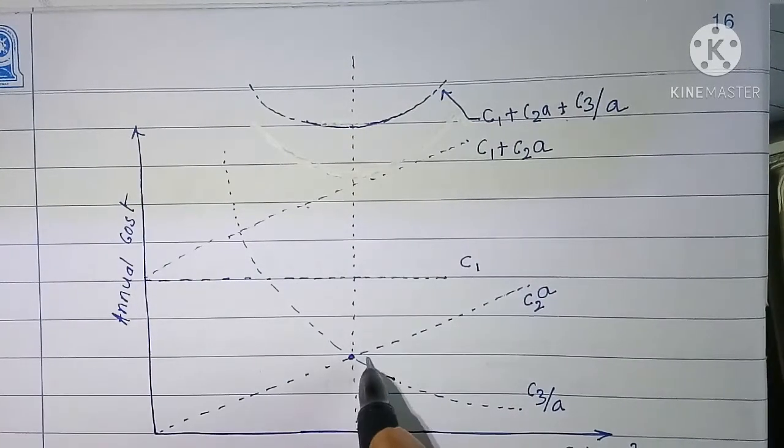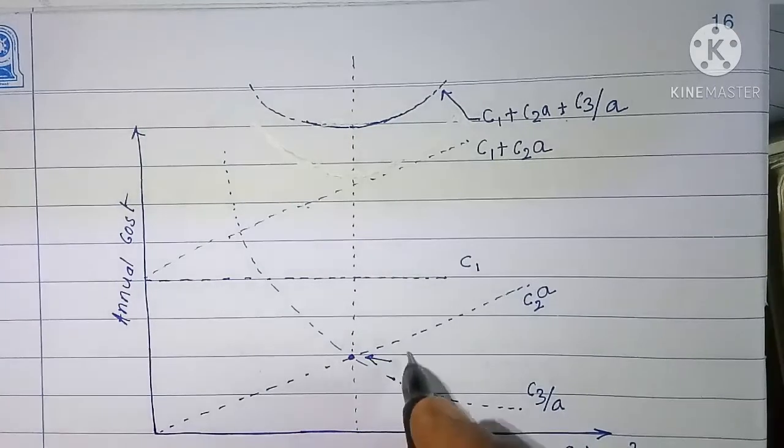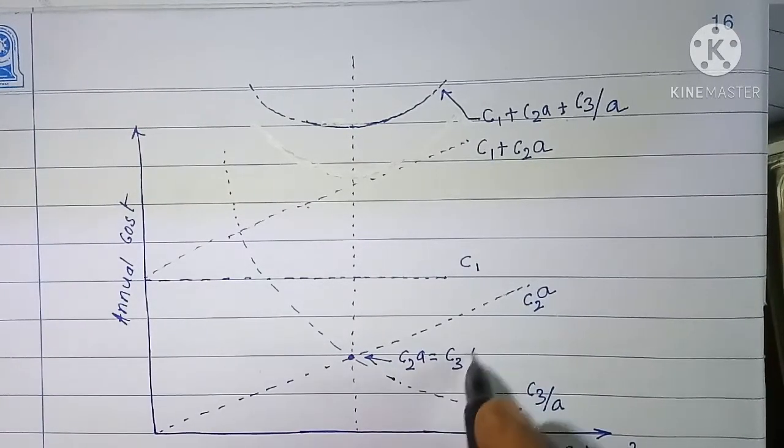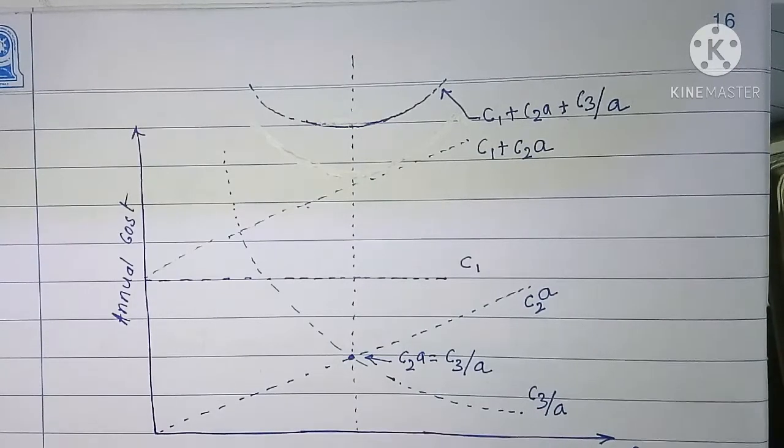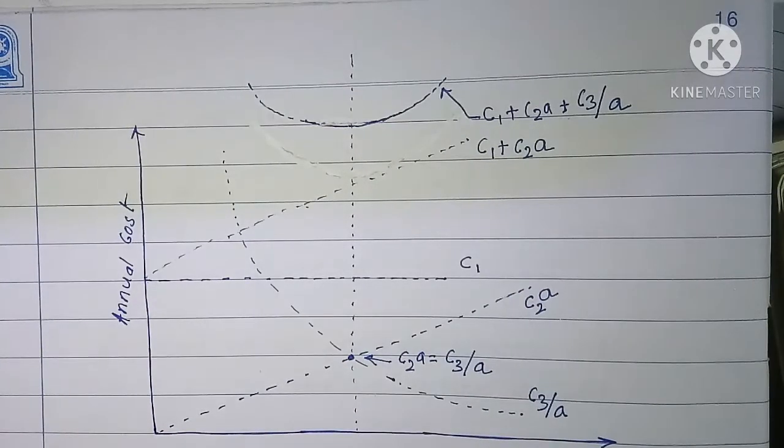So this is the point at which C2A is equal to C3 by A, and this point gives us the economical size of the conductor or feeder.